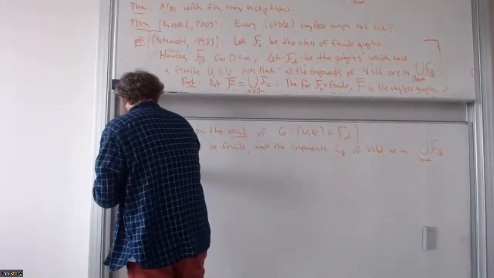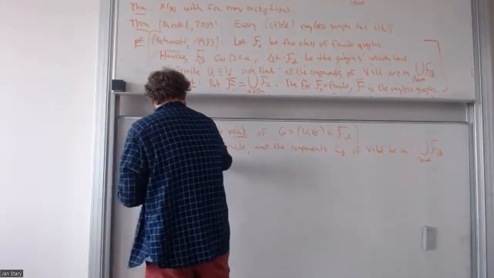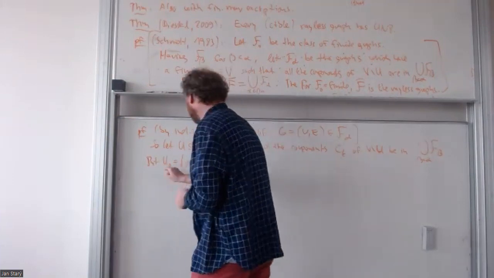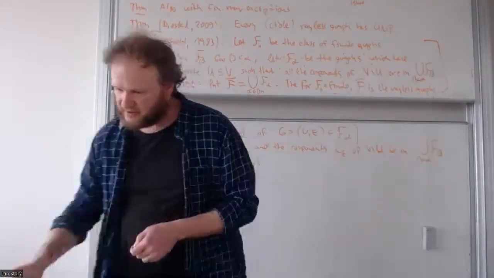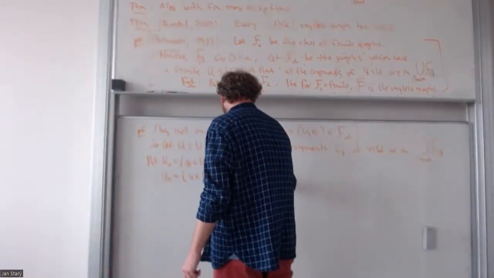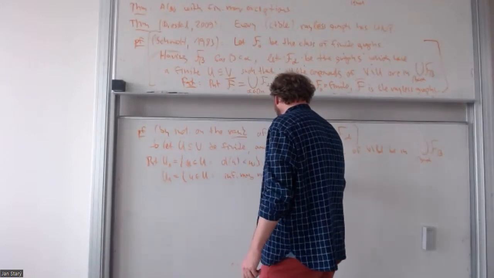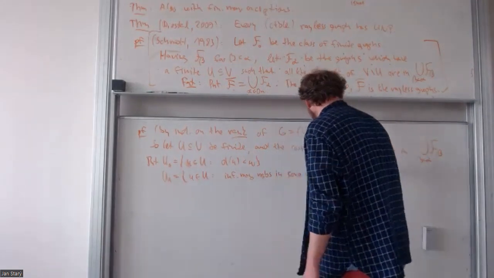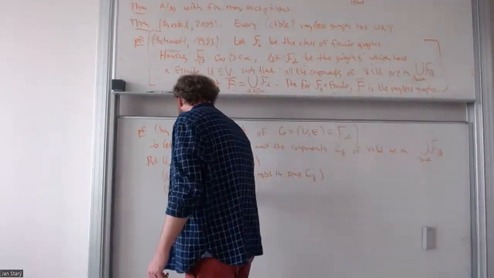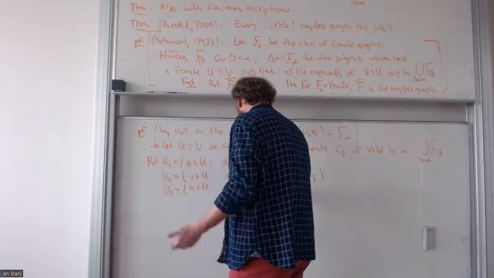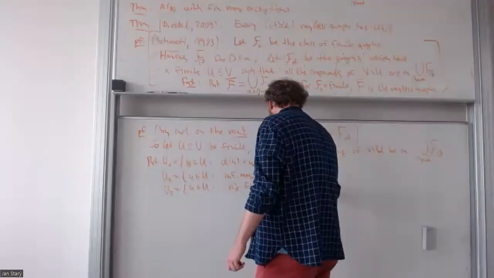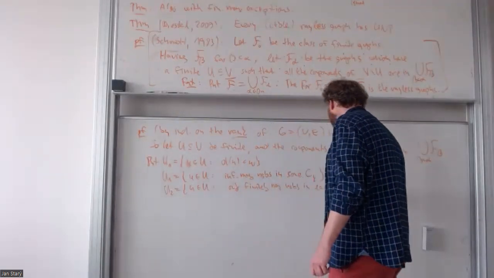So let U0 be the nodes in U whose degree is finite, let U1 be those that have infinitely many neighbors in some component, let's say C_k of the remainder, and U2 be those which have infinite degree, but finitely many neighbors in each of the other components.